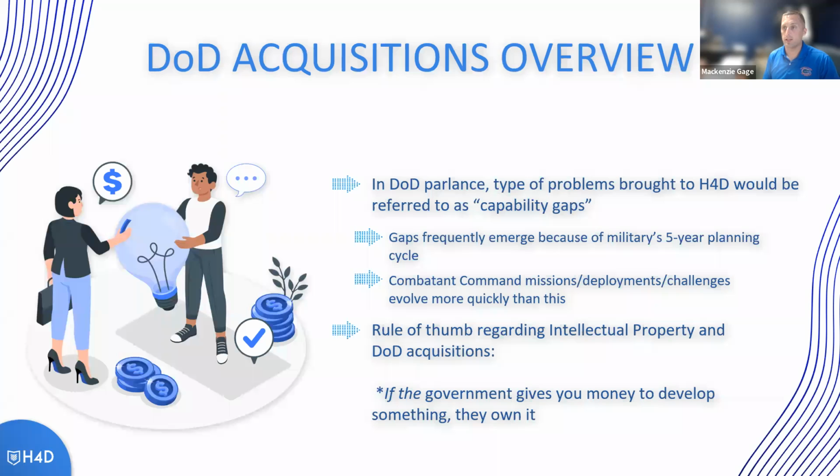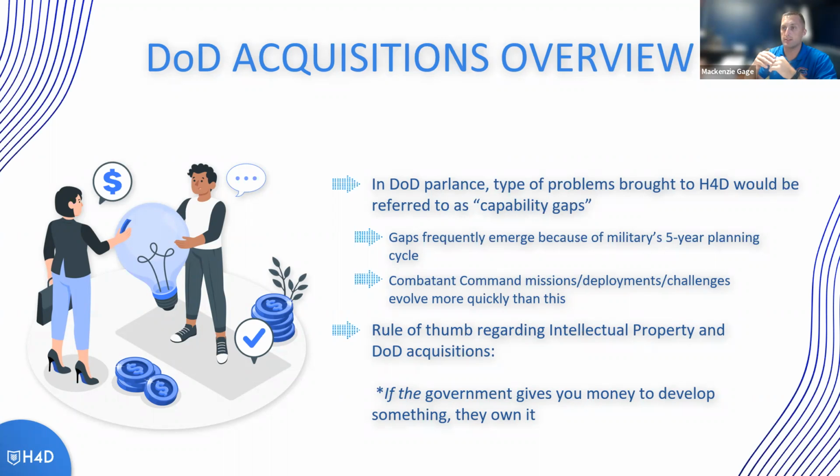Another big point to hit on is if the DoD funds it, they typically own the intellectual property. There's a whole bunch of laws surrounding DoD acquisitions called the FAR, the Federal Acquisition Regulations. It is hundreds of pages. If you were to print it out, the stack of books is pretty high, and there's folks whose entire job it is to be experts on that.